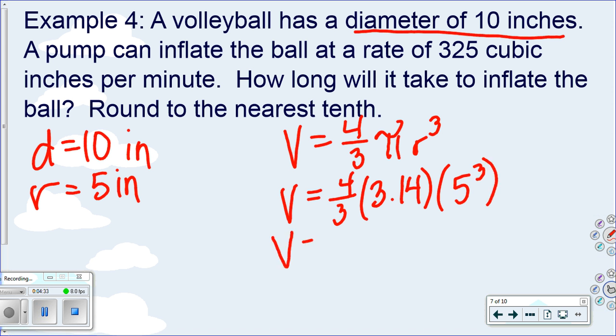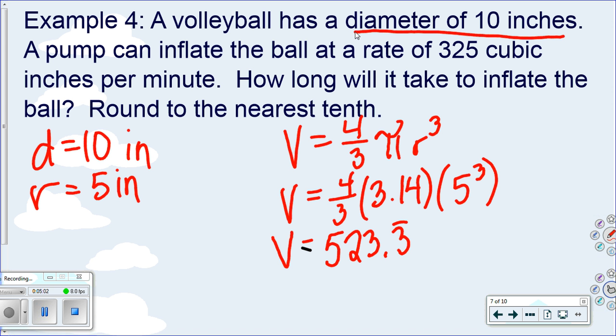When I substitute this into my calculator, what do I get? 523.3 repeating. When did we round? Now or at the end? At the very end. So don't clear out your calculators. On your calculator, you should still have 523.3333333.